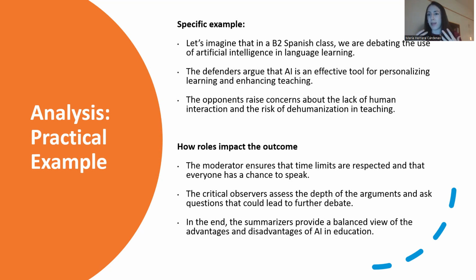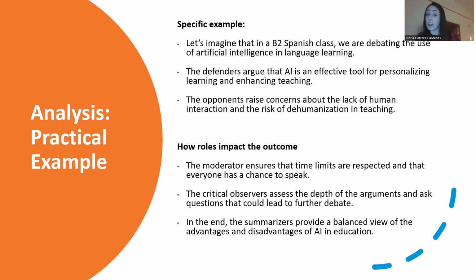And now the question would be how roles impact the outcome. Here the moderator has to make sure that time limits are respected, like we mentioned before, and also that everyone speaks. This is an activity that encourages human expression and the use of new or more complex grammatical structures.